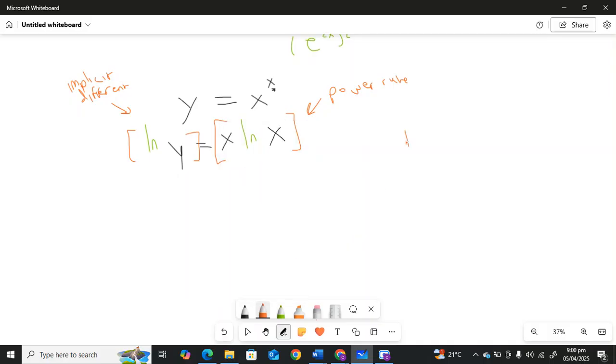Remember the power rule, f prime g plus f g prime. So you select your f, we say okay, f in this case is x. So f prime, when we derive x, you get a 1.